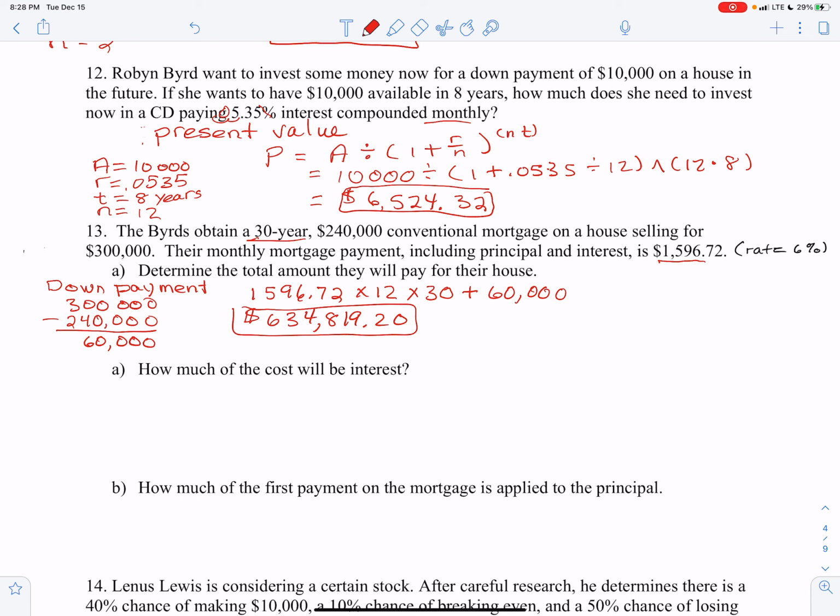For B, let's fix that. We want to know how much of the cost will be interest. Well, you'll take the total amount they repaid. They repaid way more than the house cost. And we'll subtract the selling price of the house.